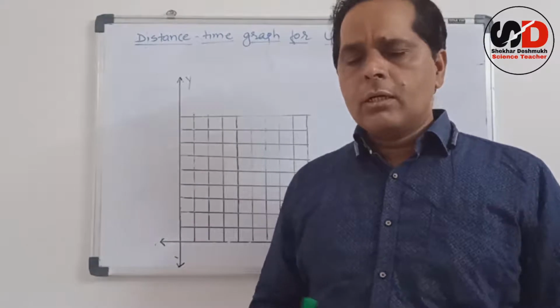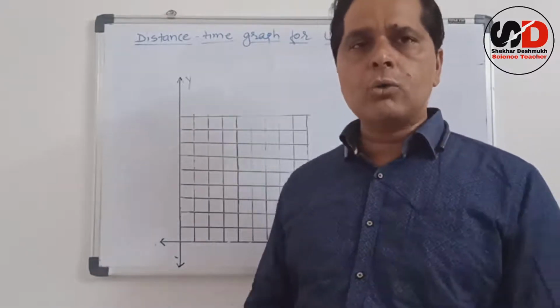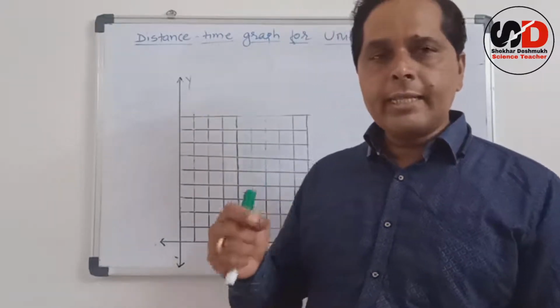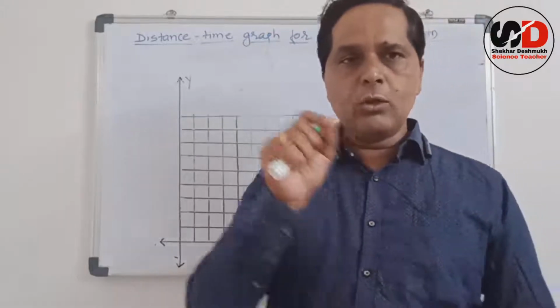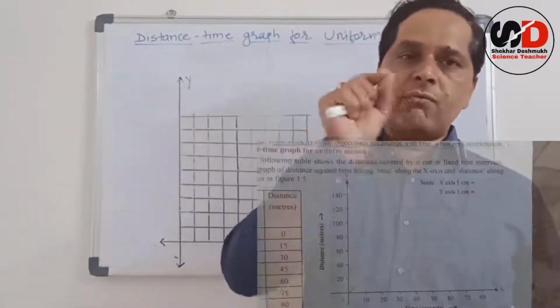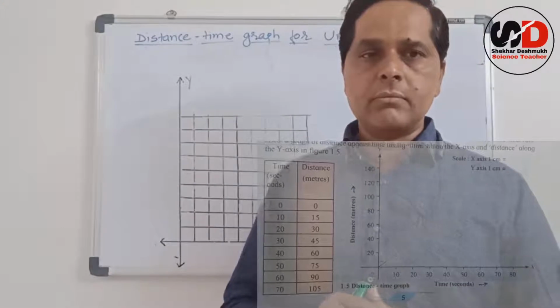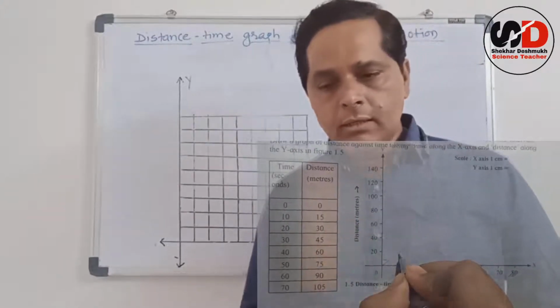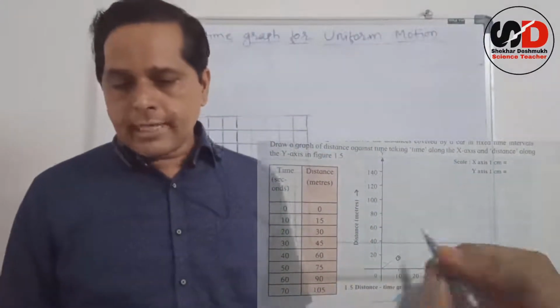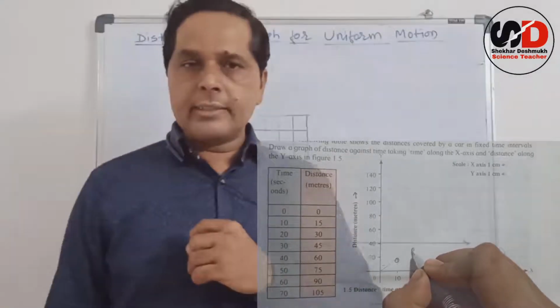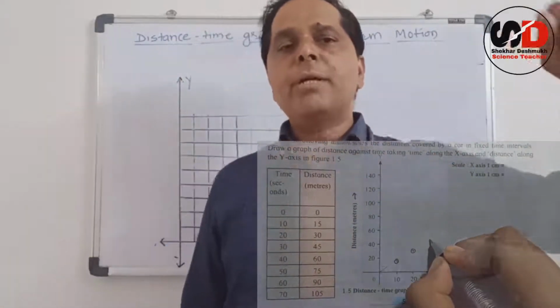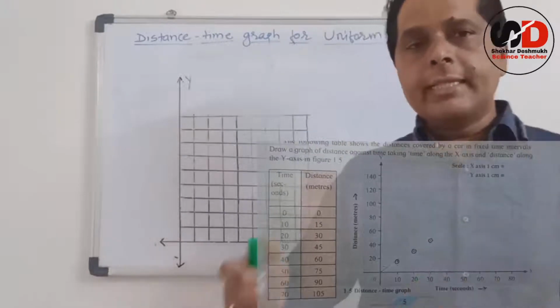Then draw the graph. Actually, you know how to draw the graph. Take the readings for 0, 0. That means at the origin. The first reading is at the origin. The second, for 10 seconds, 15 meters distance is covered. So take the reading of 15.